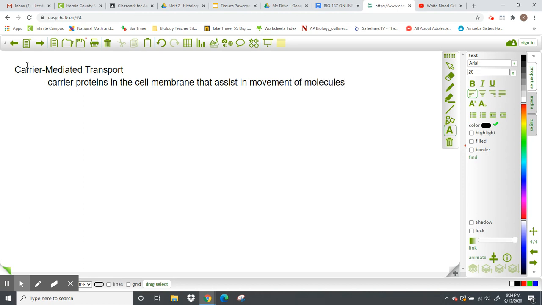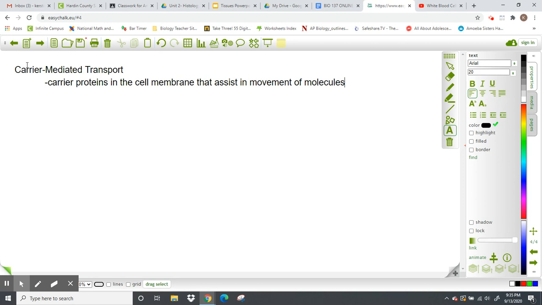So the aquaporins that help the water move in and out of the cell very quickly are considered essentially a carrier-mediated type of transport. But because it uses no energy and it works a lot, we cover that with osmosis.